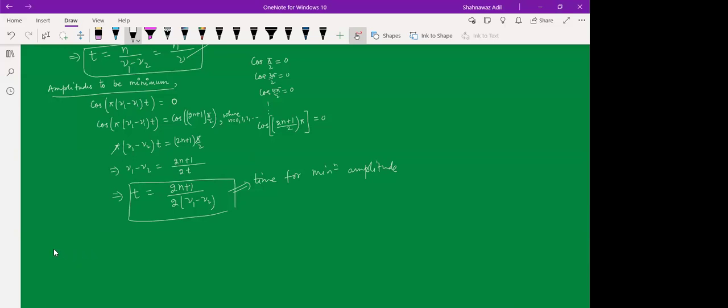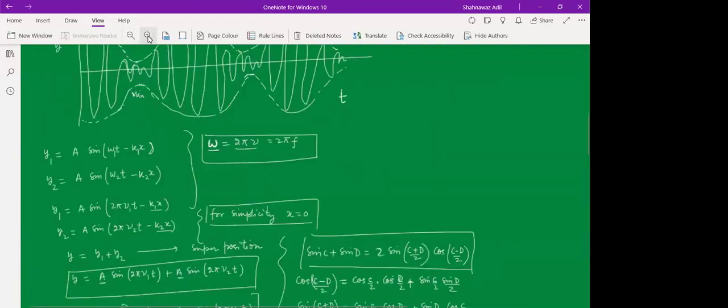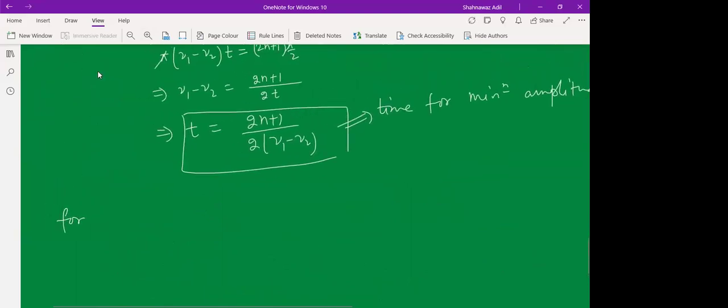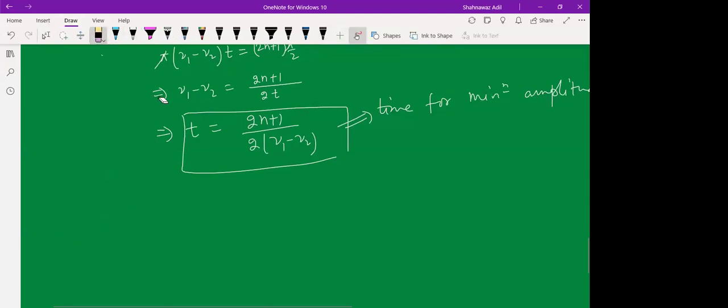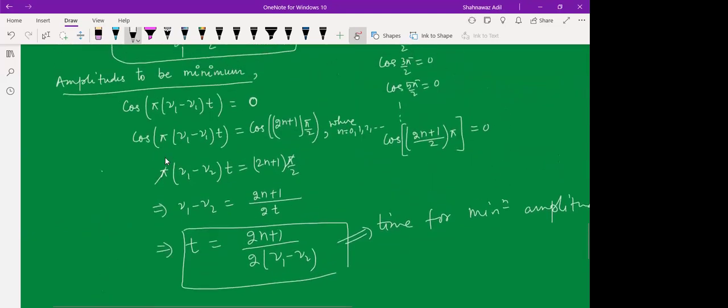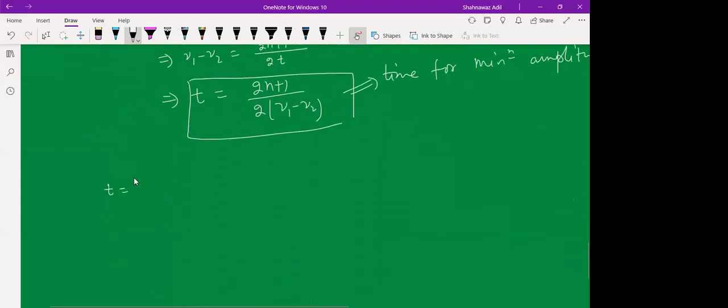For the maximum one, the time is n by (nu1 minus nu2), and the time for the minimum one is (n plus 1 by 2) by (nu1 minus nu2).